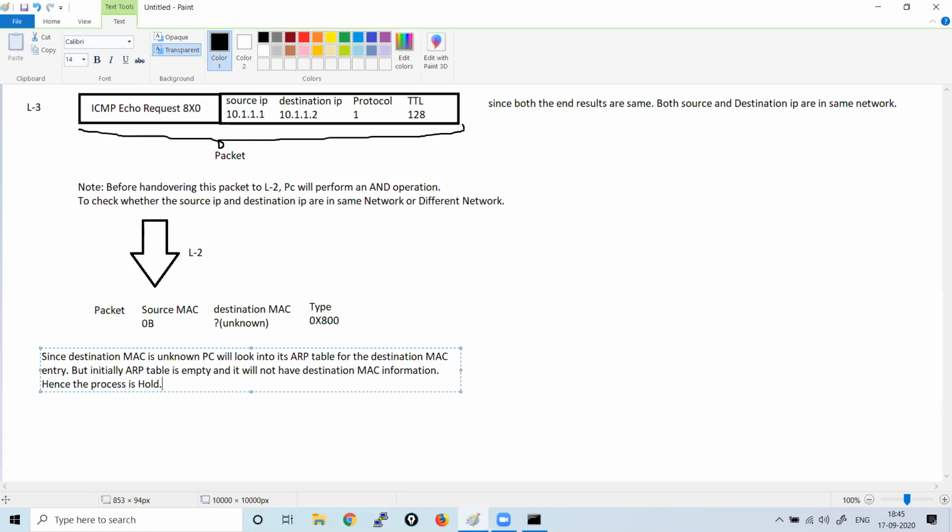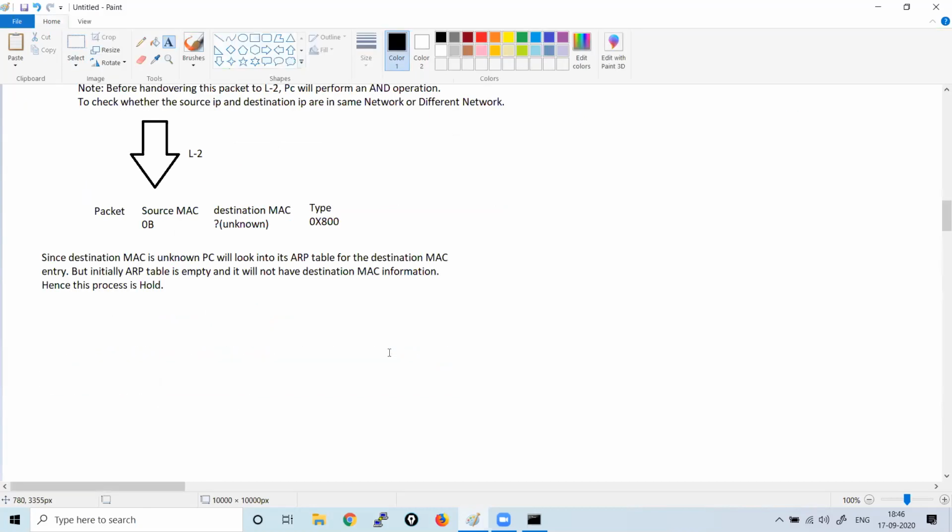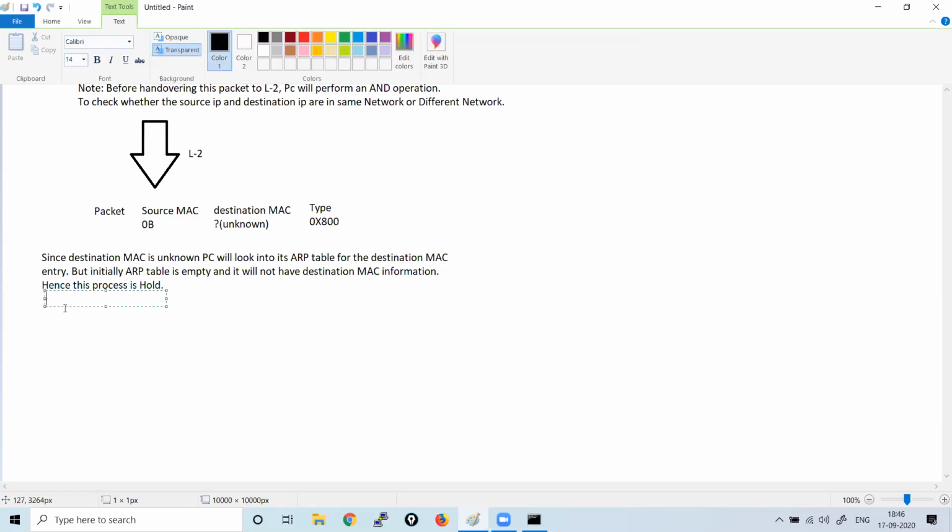Hold. Okay. And why is this process on hold? Because the destination MAC is unknown. Fine. Now, once this process is on hold, the frame is incomplete. You can say why this process is on hold: because the frame is incomplete.